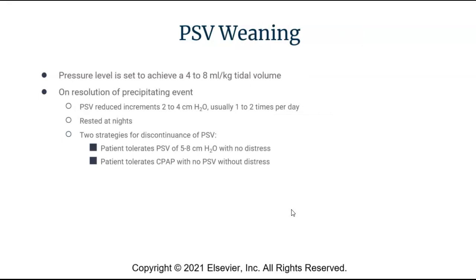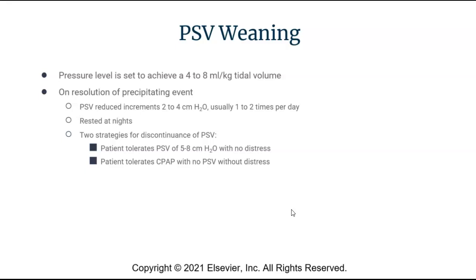Okay, so moving into pressure support weaning, this is the one that we're most used to because this is the one that most of our clinical sites use. So the benefit of this is it allows for the patient to have significant control over the process. They're going to decide when the breath starts, when the breath ends, so they're controlling a lot of it.